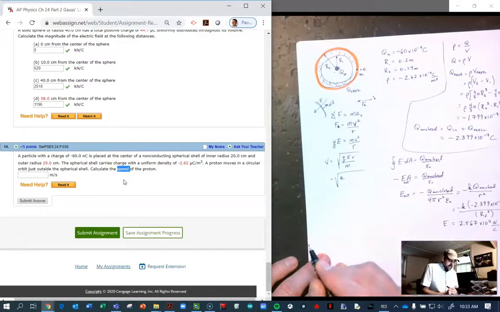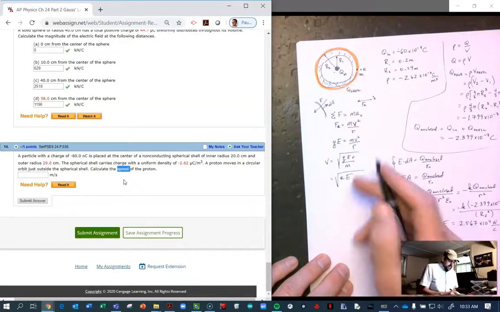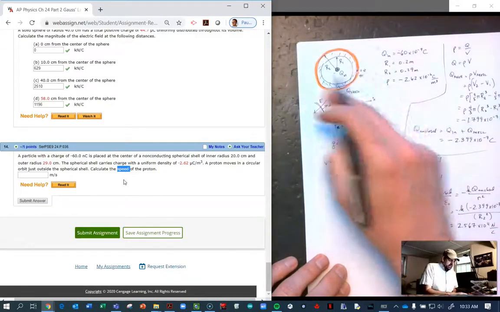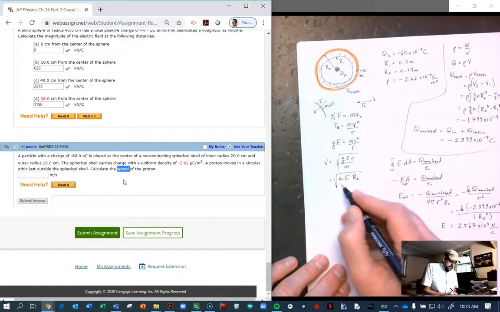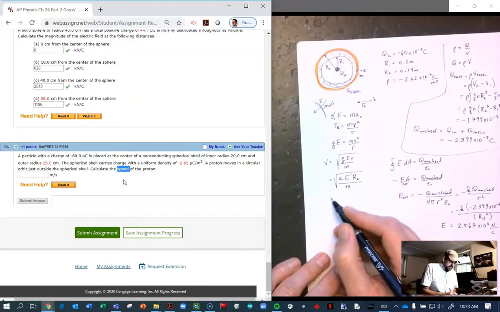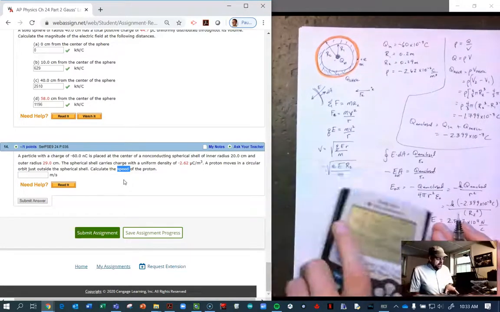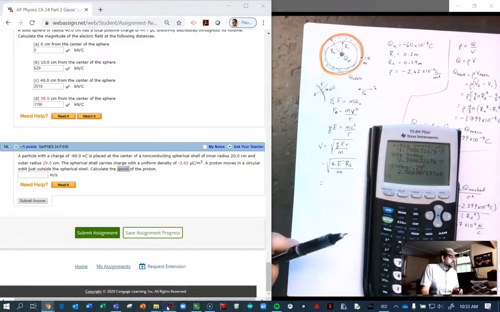I'm going to call it little e. E is the electric field, which we just found here. R is the radius of the orbit, which is R2 for this problem. And M is the mass of the proton. So forgive me for not writing it in. You might need to refer to your equation sheet for some of these numbers.